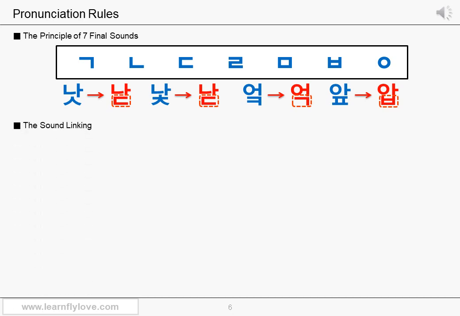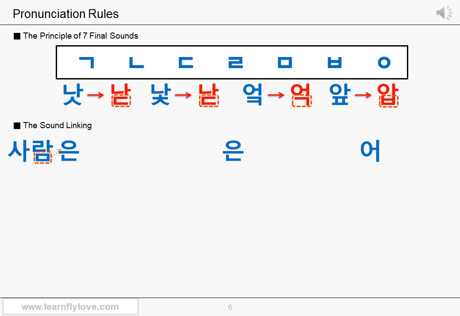Next one is sound linking. Basically, it's about the round empty consonant ㅇ. When this ㅇ, the round empty consonant, comes as the initial of a block, it not only takes the final sound of the former block, but the final consonant of the former block actually moves up to the initial of the next block and takes the position of the round empty consonant ㅇ.